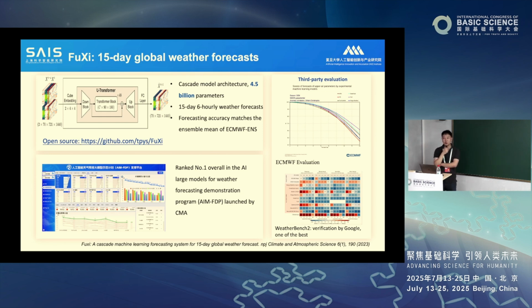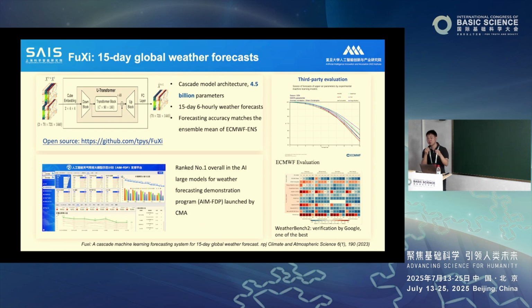It uses the cascaded model architecture to generate the 15-day weather forecast. By using this cascaded model architecture, we can mitigate the accumulation of forecast errors during the auto-regressive process. Now the best version is FuXi 2.0. FuXi 2.0 has been improved upon FuXi 1.0, and for now there are different versions of the FuXi model.